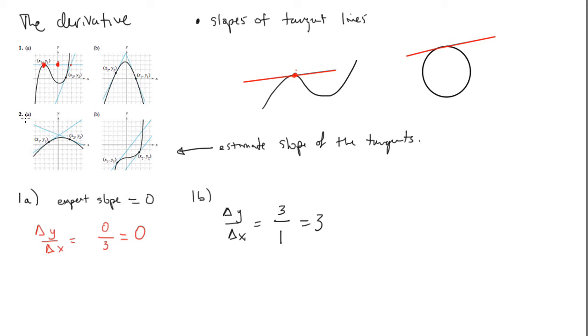And similarly for 2a, we got one positive slope, the other negative slope. Now something interesting happens here in 2b. Namely, it appears that these two blue lines are parallel. So if you compute their slopes, you should end up getting the same number because they look like they're parallel. And you'll see whether or not that's the case when you actually do the computation.